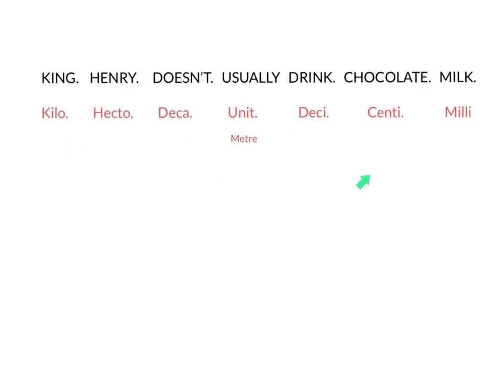And then you realise that from milli to metre, you're jumping 3 places. So that represents 1,000. 10 times, 100 times, 1,000 times bigger. So there are 1,000 millimetres in 1 metre, and a millimetre is 0.001 of a metre. So it's 1,000th of a metre.